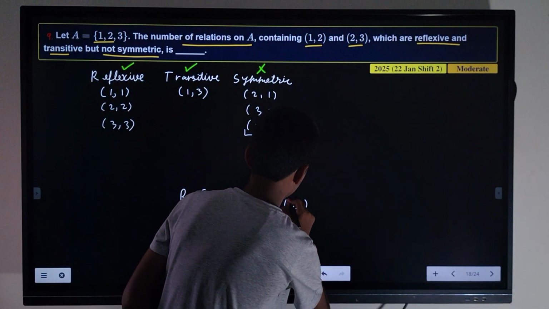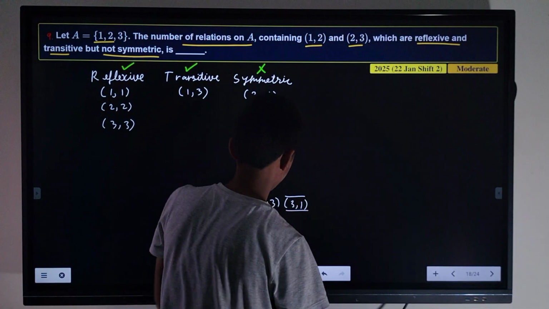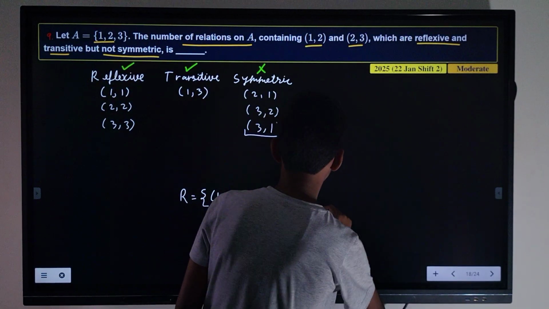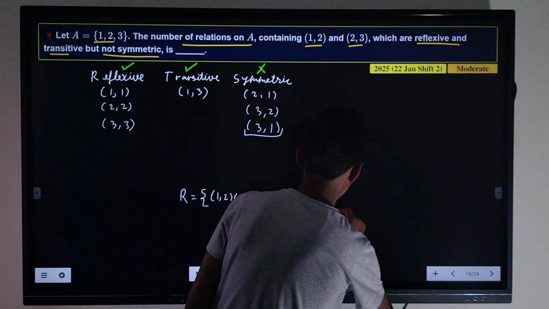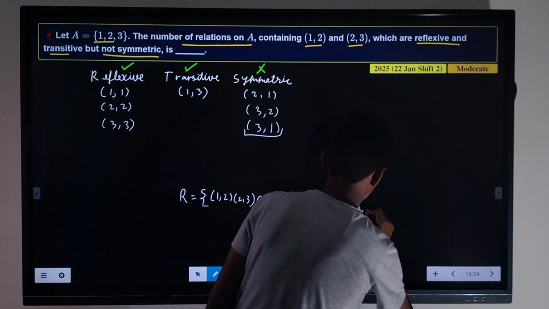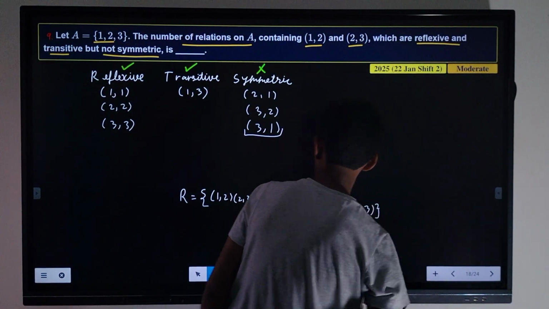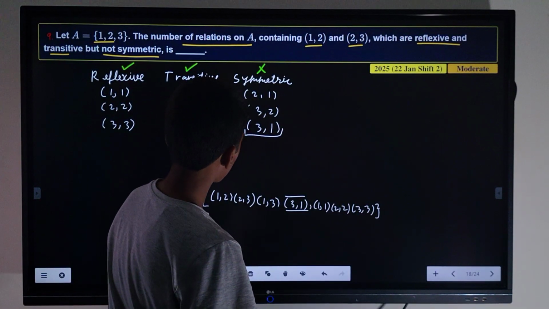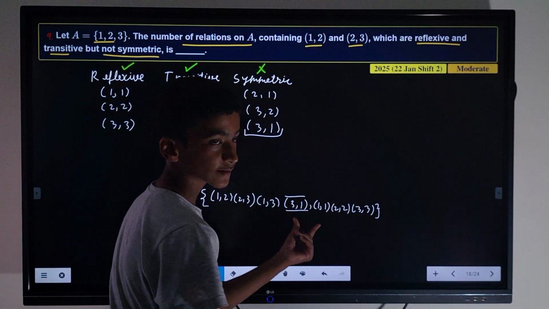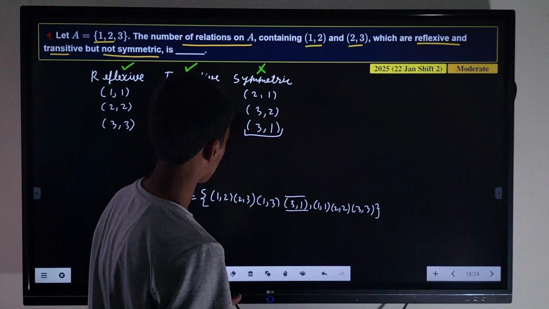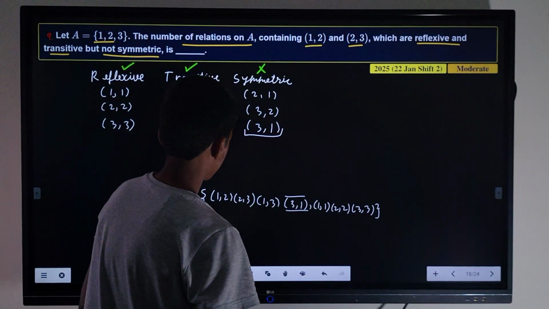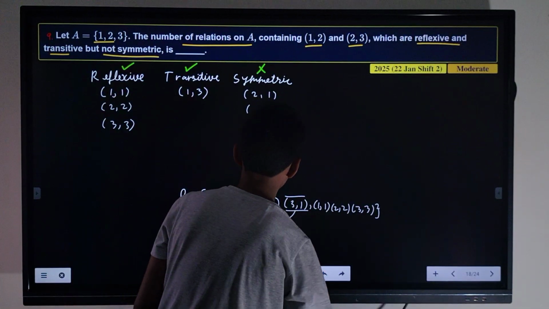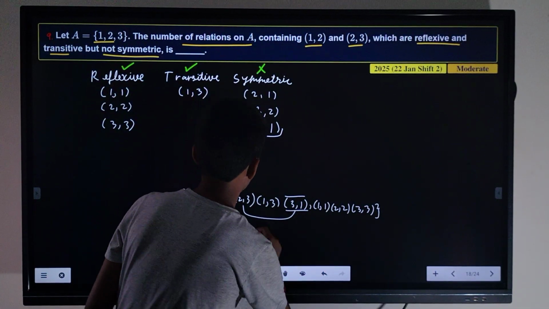We have added 3, 1, comma 1, 1, 2, 2, 3, 3. Now we have reflexivity. If we add one element, we have some more possibilities for it to be transitive. So if we pair it with this 2, 3, we will get 2, 1.